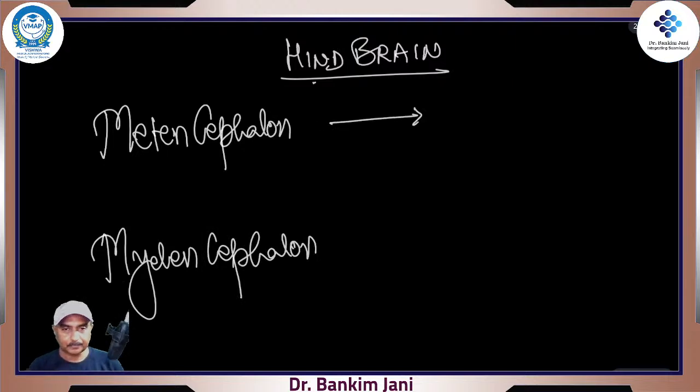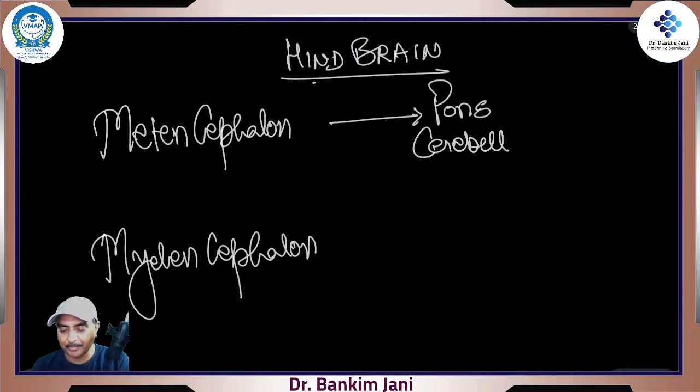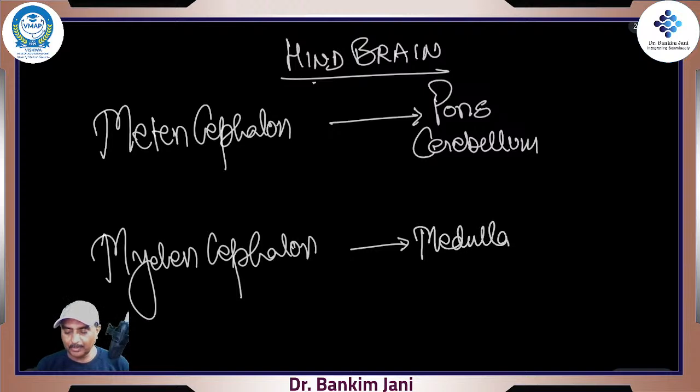This is forming the pons, and behind it is the cerebellum. And myelencephalon is the last portion. No wonder it would be the medulla oblongata.